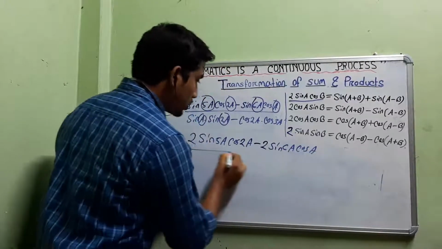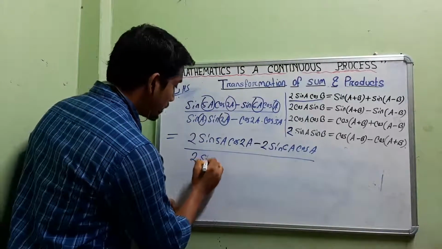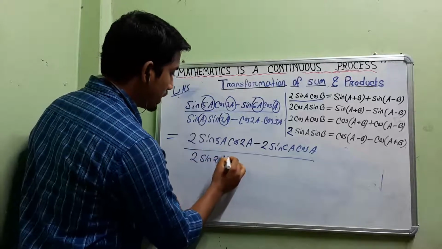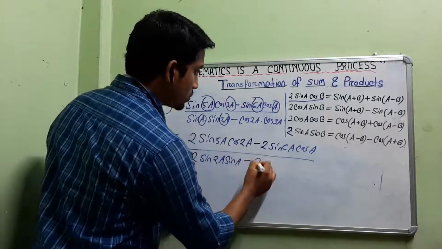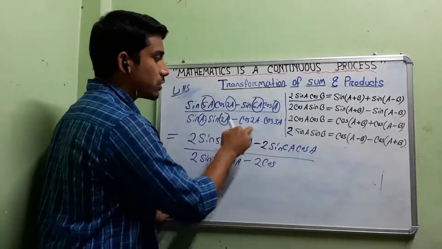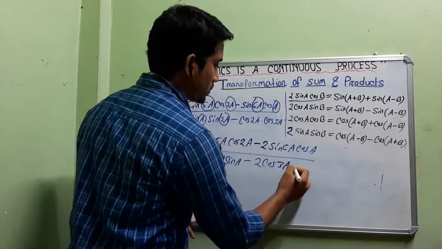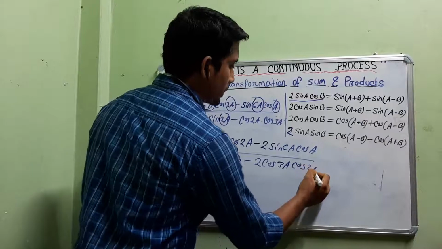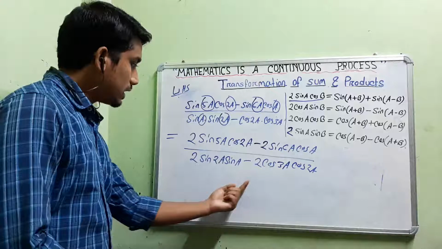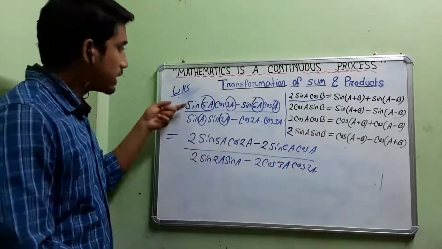Same in the denominator: 2 sin 2a sin a, we arrange by writing the bigger angle first, minus 2 cos 3a cos 2a. I told you in case of cos we can write any angle at the beginning, no matter. I have multiplied the numerator and the denominator by 2, and we can take the 2 common and get the first line again.